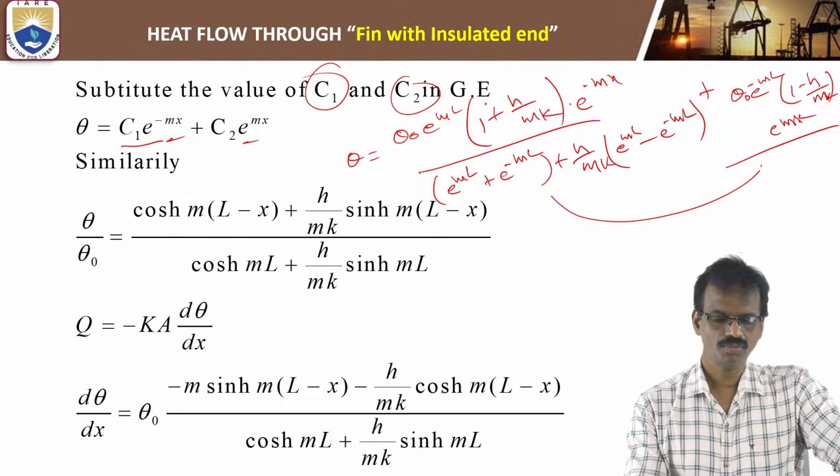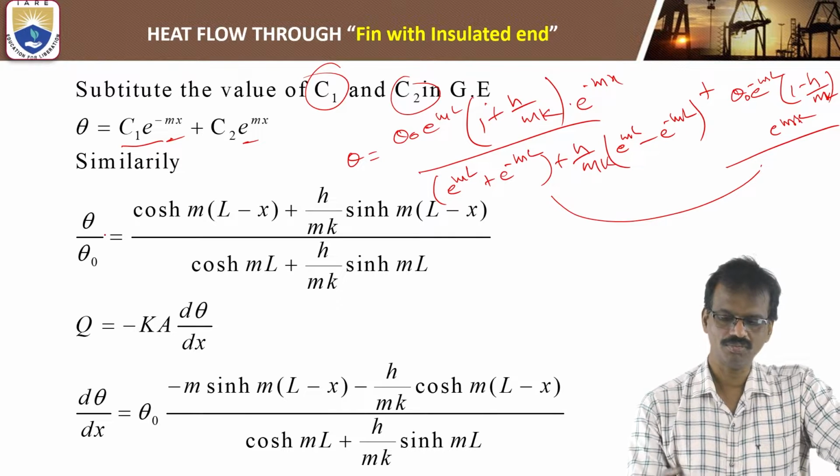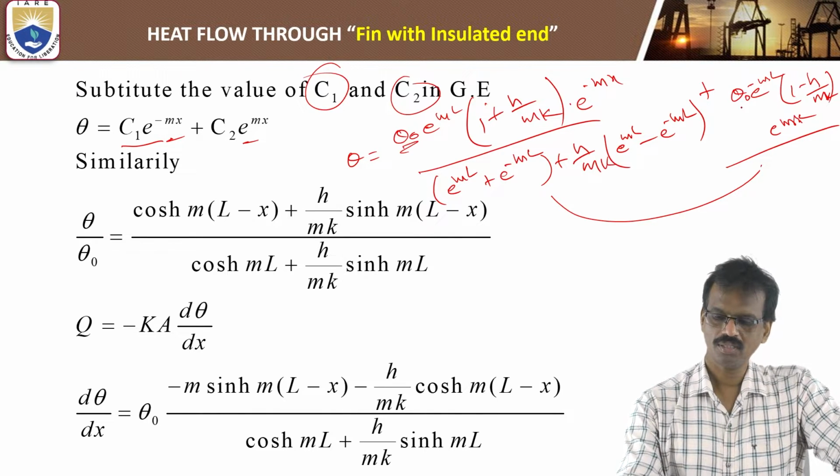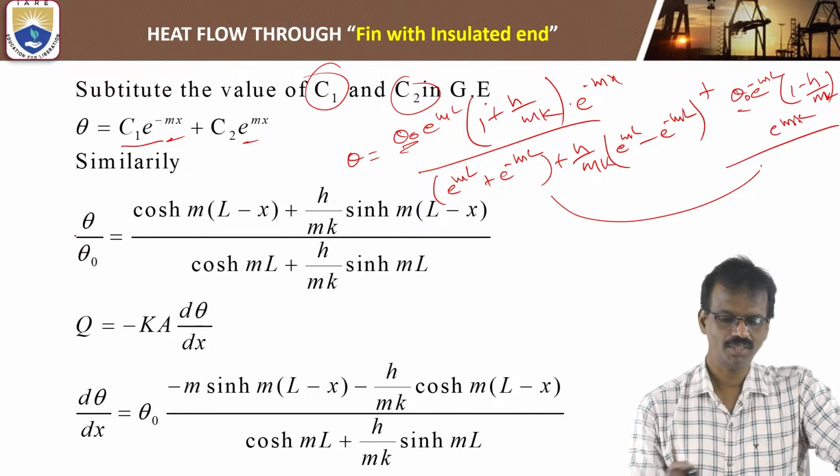Okay, so if you solve this one just like so, finally you will get to this one. Here theta naught is the common term, so you can take it out, then theta by theta naught.